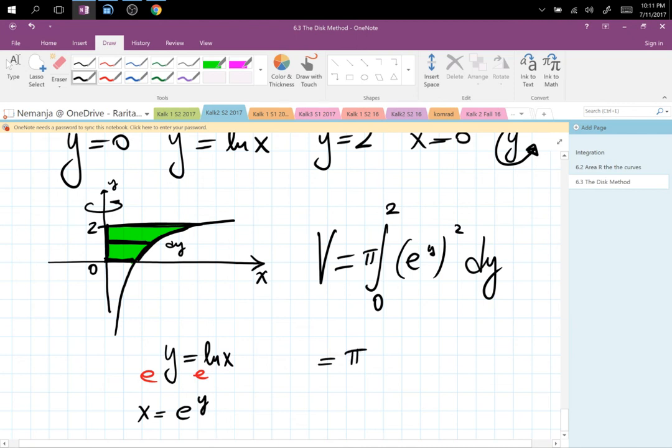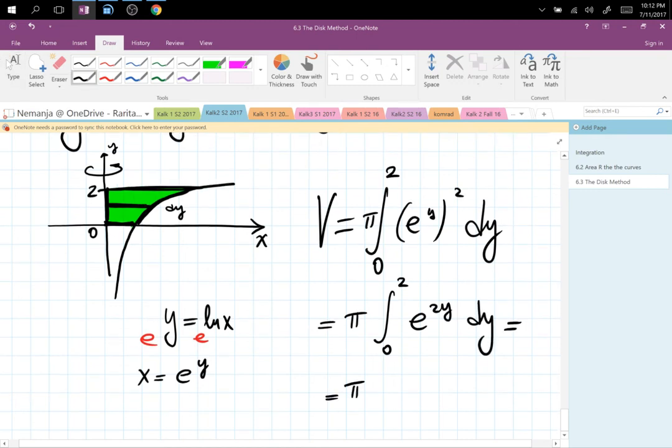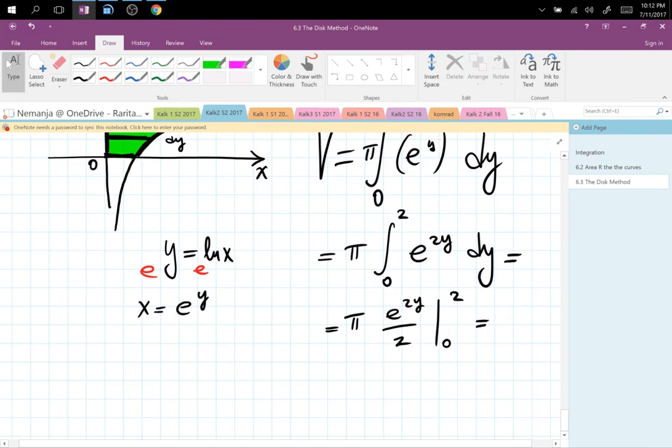So that's pi integral 0 to 2 of e to the 2y dy, which is pi e to the 2y over 2 from 0 to 2. That's going to be pi over 2 times e to the 4 minus e to the 0.